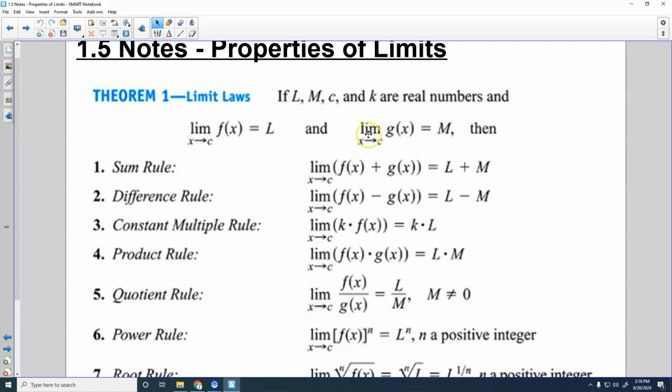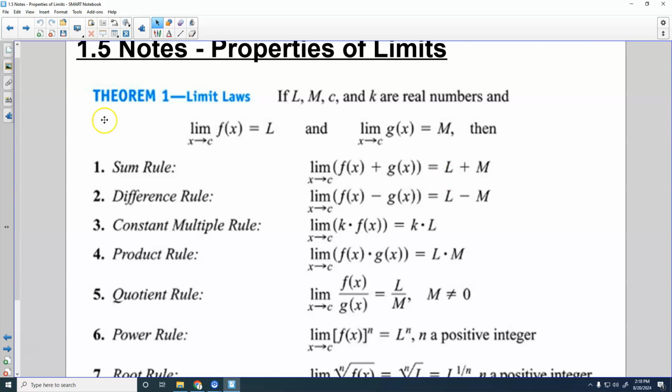The sum rule just tells us that if I have the limit as x approaches c of f of x plus g of x, then our limit for f is L, and our limit for g is M. So my answer is just going to be L plus M. This just means you can break limits apart if things are separated by a plus sign.